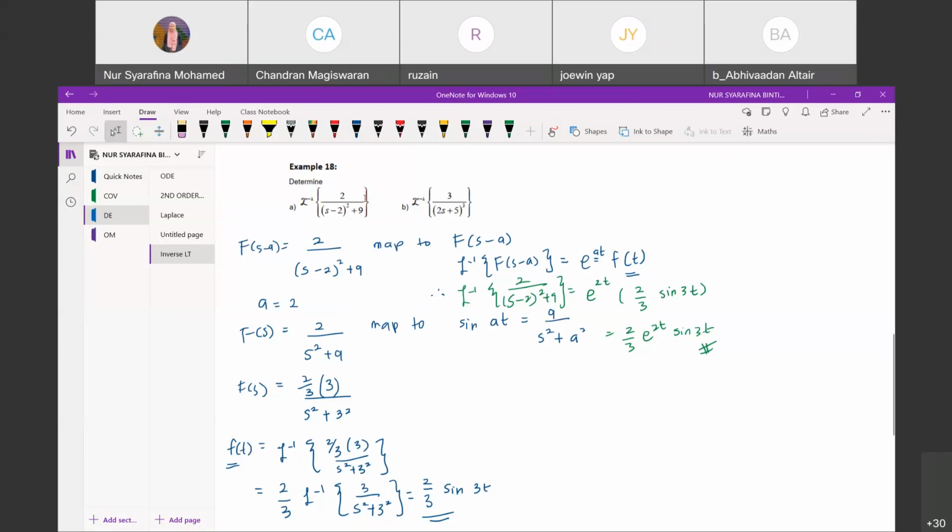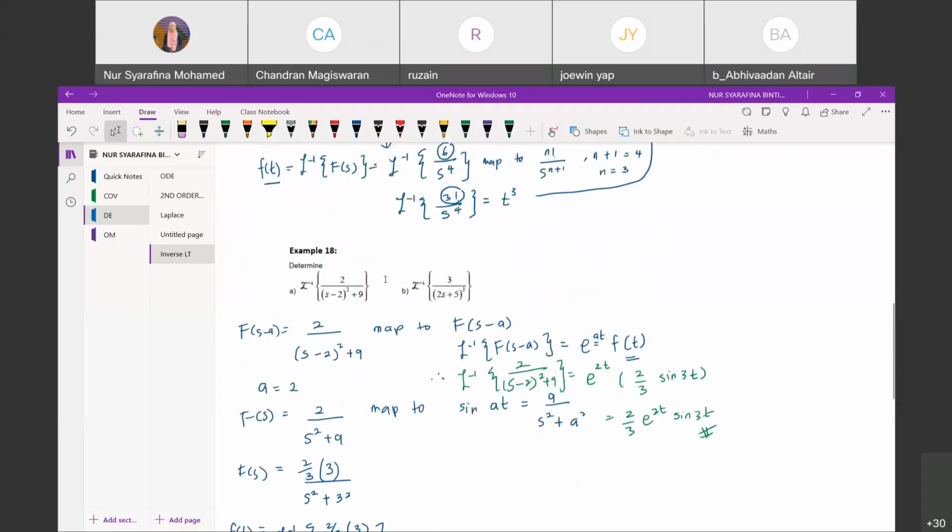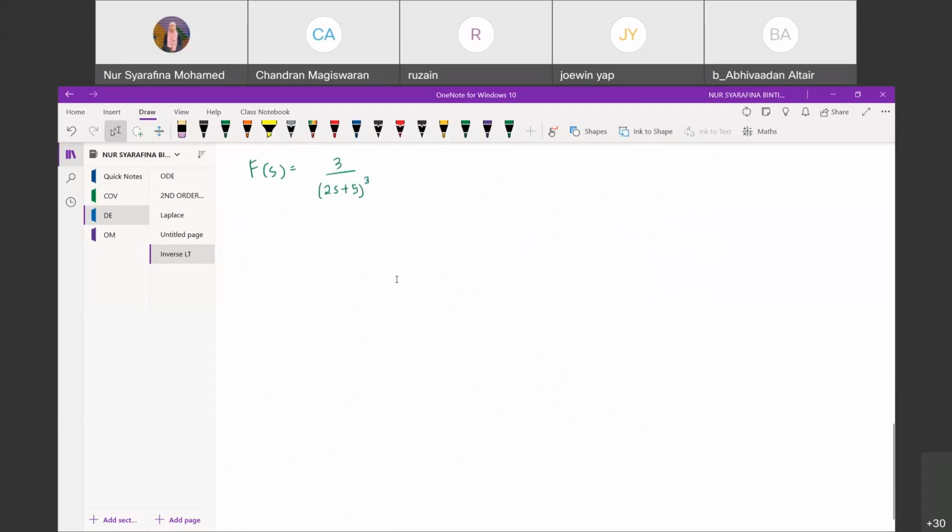All right, try B. This is also mapped to F(s minus a). So how can you modify the form of this function of s? Okay, let's discuss this.